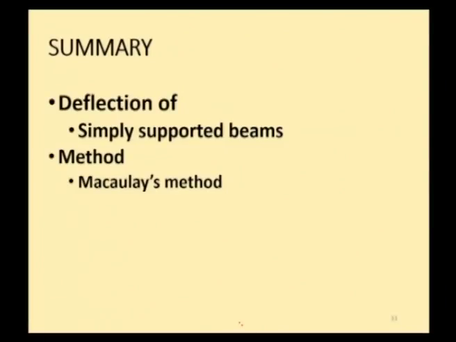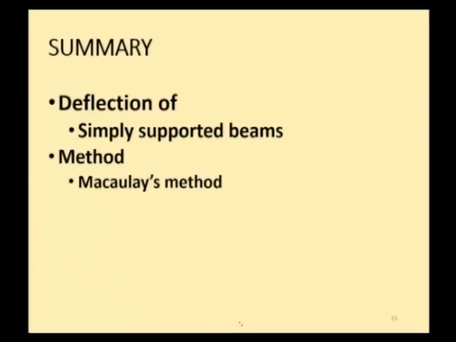To sum up what we have studied so far, we have started the case of simply supported beams, and introduced the concept of Macaulay's method. In Macaulay's method, first generate the bending moment equation for each portion, and while writing the equation EI d squared y by dx squared equal to M at XX, keep common terms left of the dotted line and additional terms after it, wherein you involve only two constants of integration.